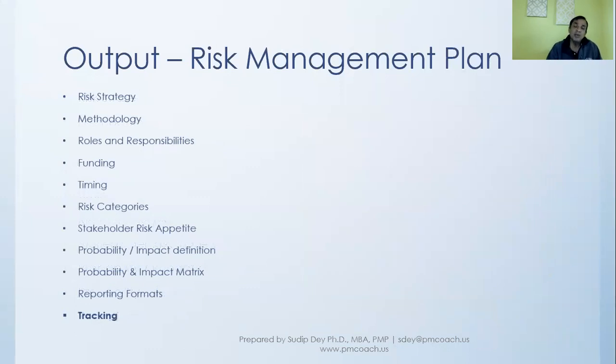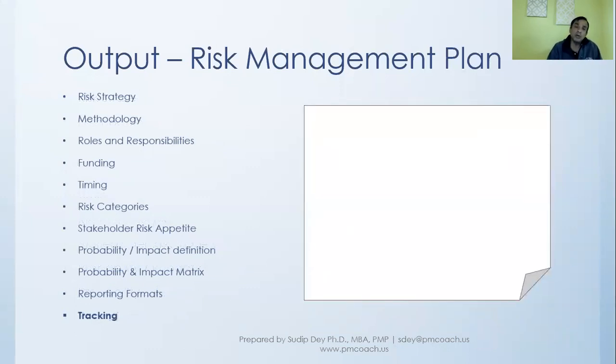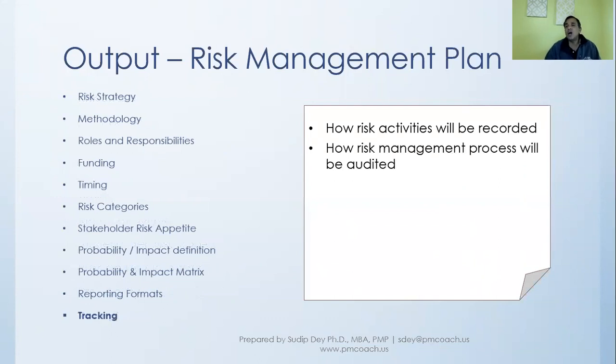And finally, we'll also put together how these risk activities will be recorded and tracked, and how this process will be audited. All these things we'll put together in the risk management plan. That will be our guide, our roadmap, as we move through subsequent processes in risk management.